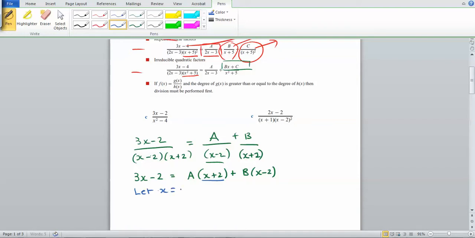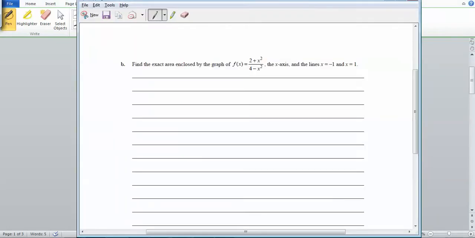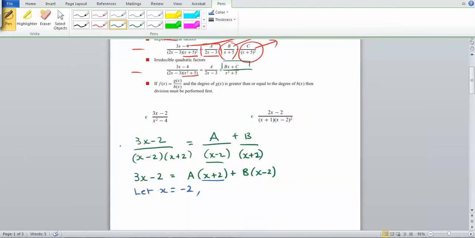And you need to do this. You need to actually say let x is equal to minus 2. From there, we know that on the left-hand side we have a value, and what we're left with on the right is minus 4b.